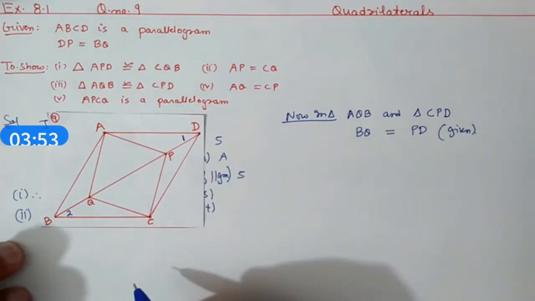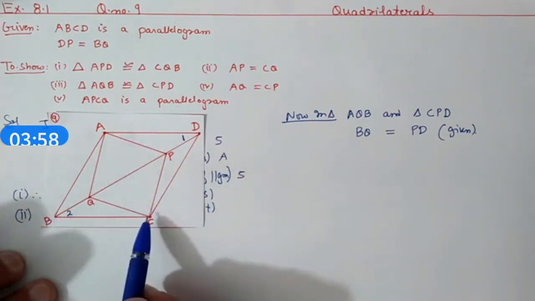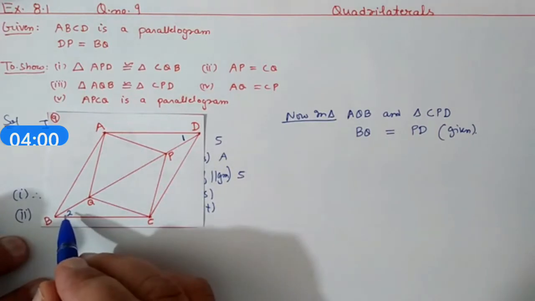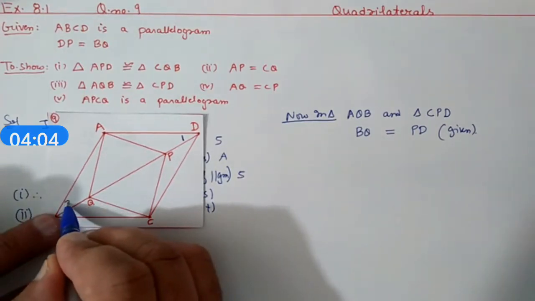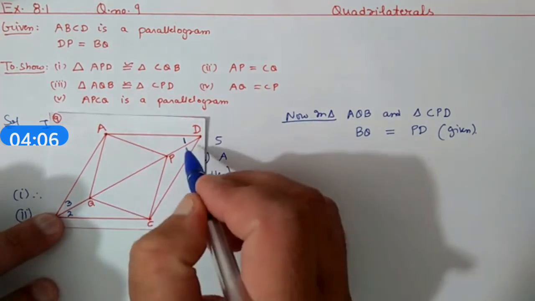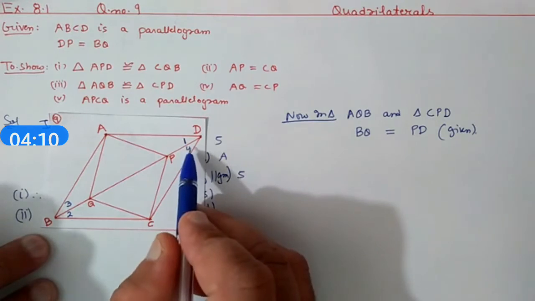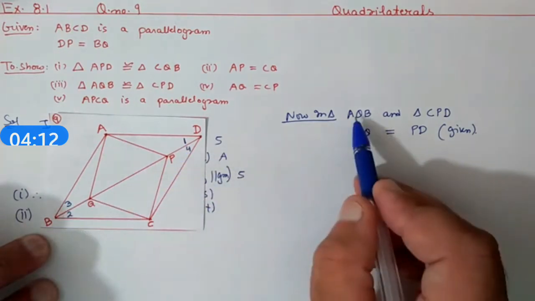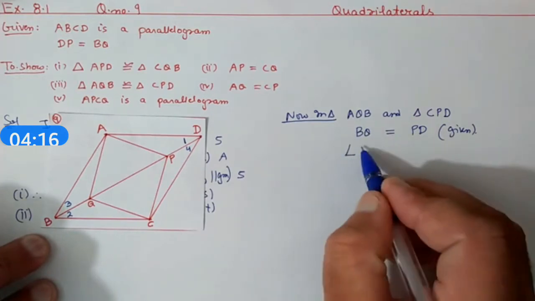After that, same thing, we will find out the angle. So you can mark this angle 3 and angle 4, because AB is parallel to CD and BD will be the transversal. AB parallel to CD and BD is transversal.